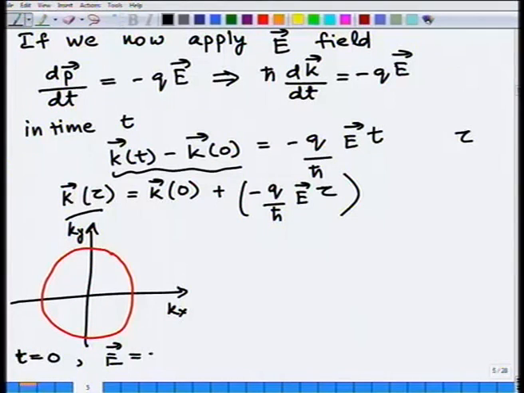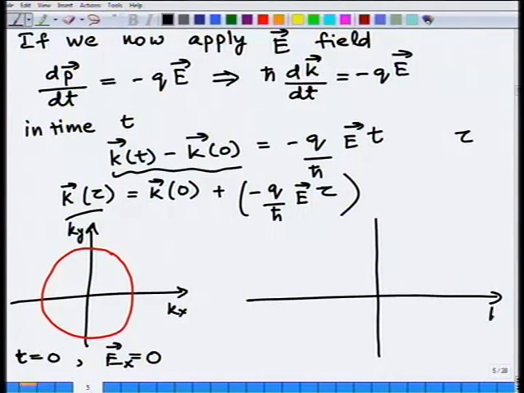Initially at t equal to 0 the electric field is 0, and then we turn on an electric field. What happens? In another picture, this is kx, this is ky, and I draw the same sphere, which I had, but as a dotted line now.